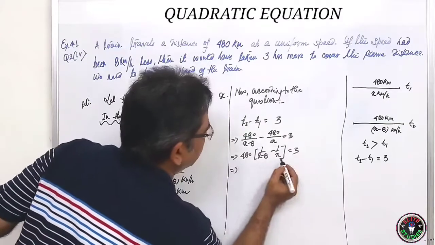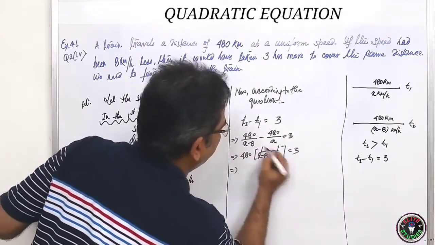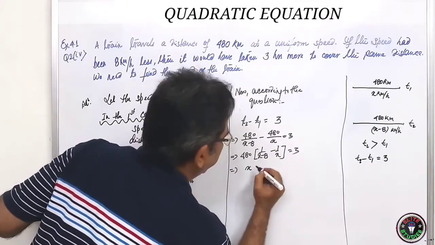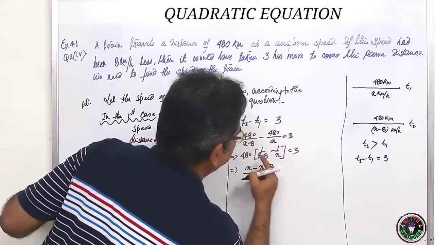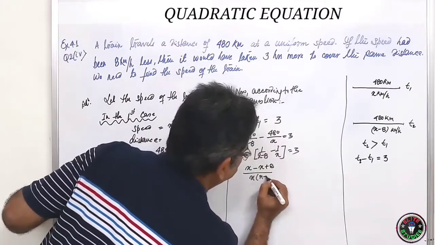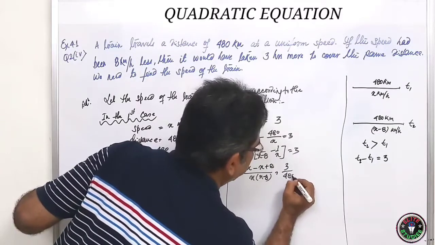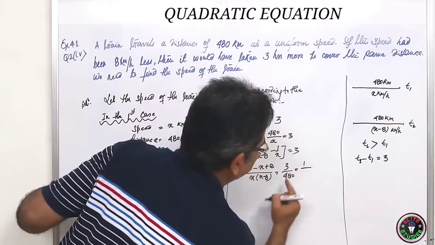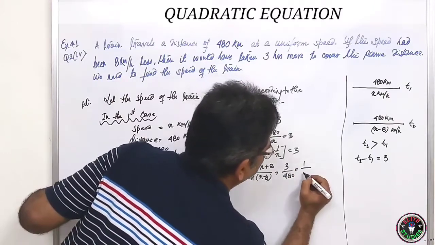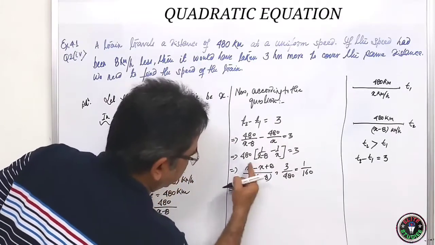This 480 will come down. Here it will be x, then multiplying, minus x plus 8 by x into x minus 8 will be equal to 3 by 480. You will reduce it: 3 into 1 is 3, 3 into 160 is 480. So it will be 1 by 160. The x cancels.